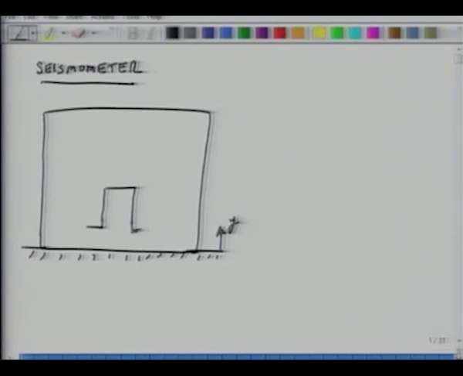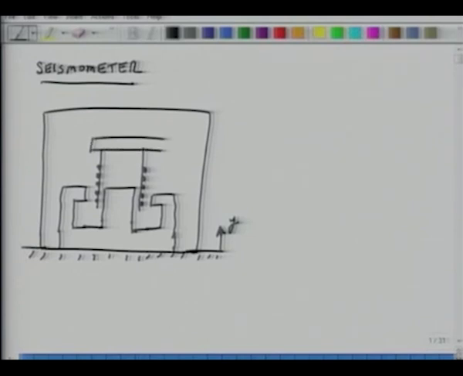So I have a motor structure, and within this motor structure I have a coil, not voice coil, just an electrical coil.